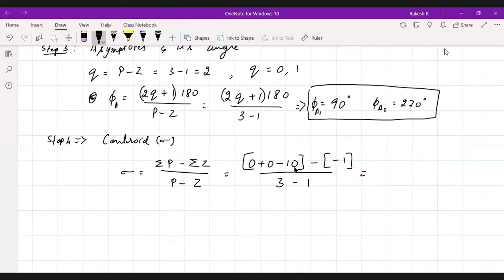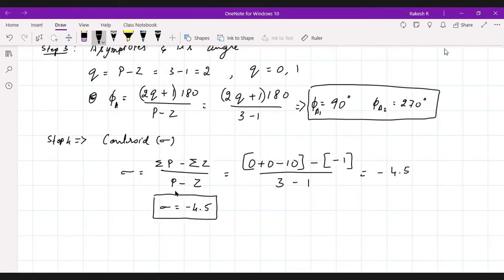So this becomes minus 10 plus 1 divided by 2, that is minus 9 divided by 2, which is minus 4.5. The centroid is equal to minus 4.5.